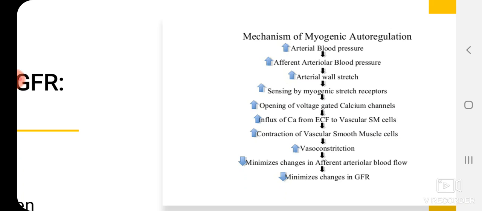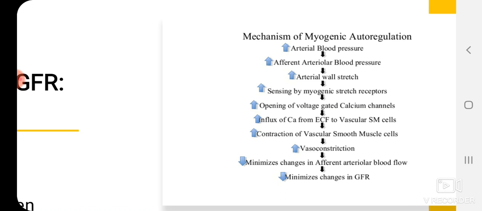Vasoconstriction increases, and that minimizes the diameter of the afferent arteriole, narrowing it. By contracting the afferent arteriole, less blood will flow in the afferent arteriole and this minimizes the glomerular filtration rate.